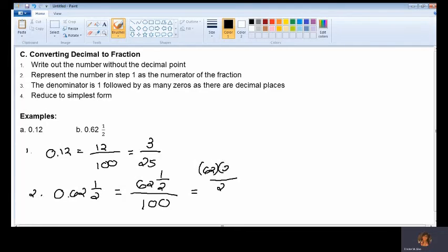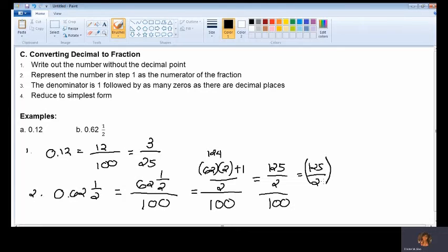62 times 2 plus 1. That will give us an answer of 62 times 2, it's 124. 124 plus 1, that is 125 over 2, over 100. So remember the inversion or the reciprocal. So 125 over 2 divided by 100 over 1, remember?